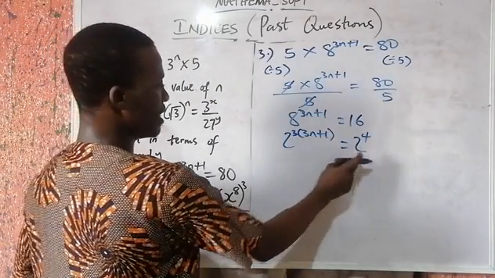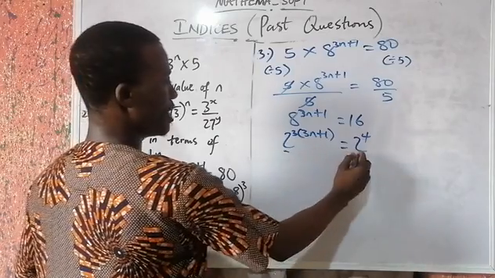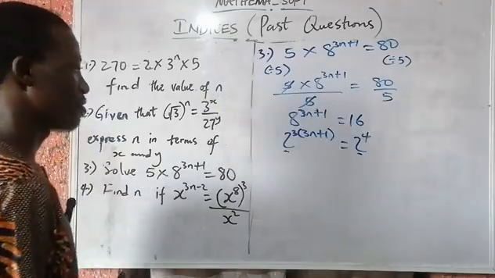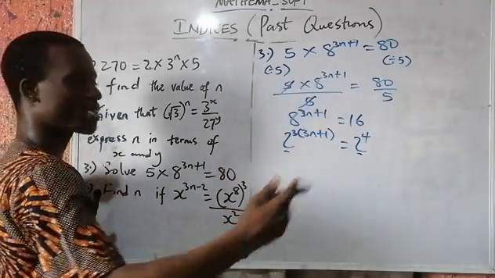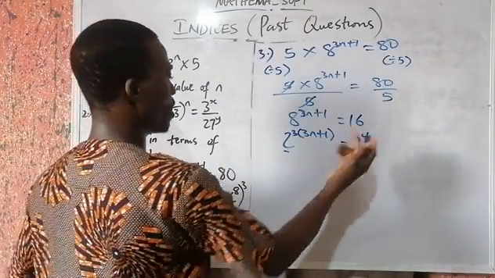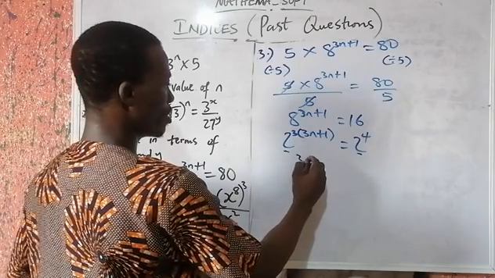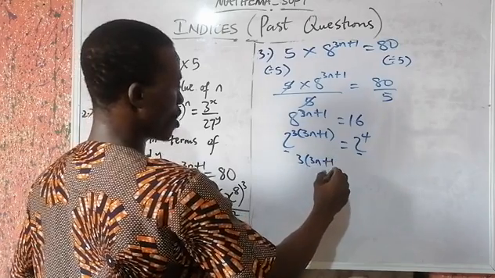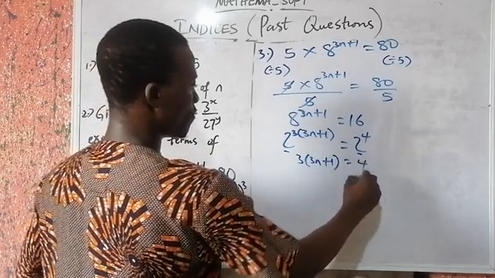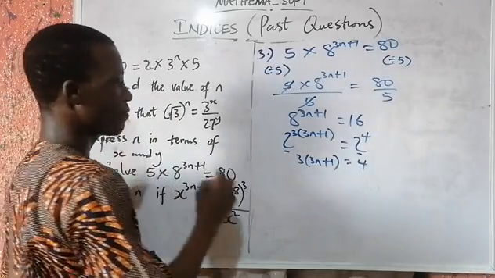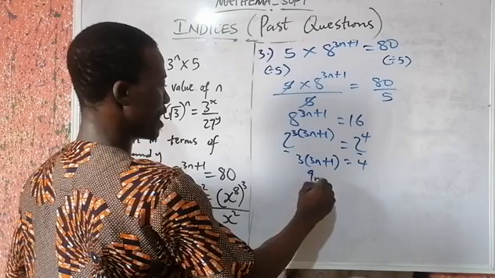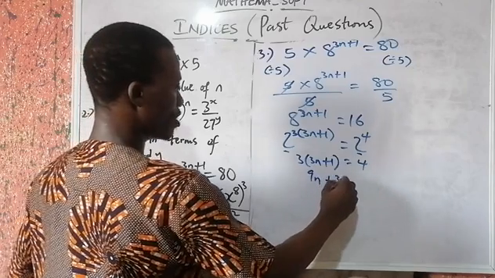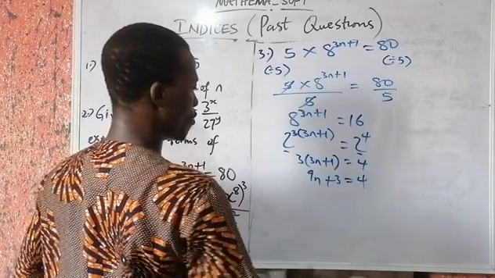So now that the base that I have on both sides are the same, I can compare the power. So the power also, 3n plus 1 equals 4. Okay, so that will give me 9n plus 3 equals 4.